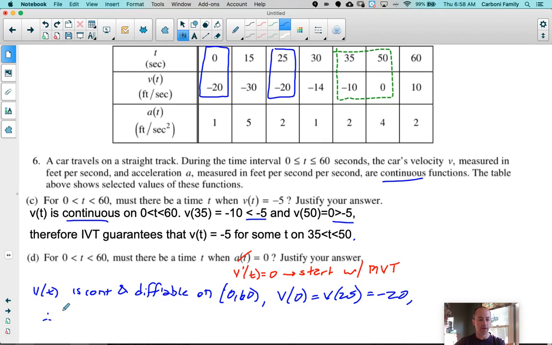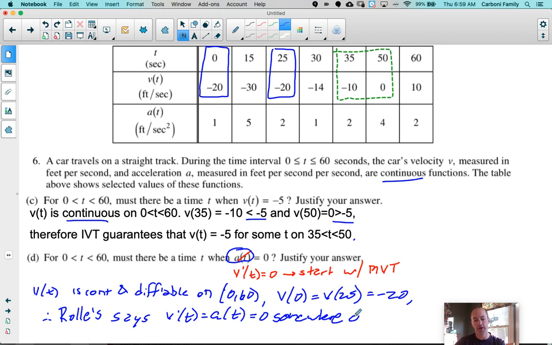Therefore, we could use the mean value theorem, but I'm going to go more specific, and I'm going to say Rolle's theorem says that V prime of t, which is acceleration, and I'm going to tie it to acceleration specifically because that is how the question was originally worded. Therefore, Rolle's theorem says that the derivative of velocity, which is acceleration, must equal 0 somewhere on the interval 0 to 25, and there is your explanation for that one.